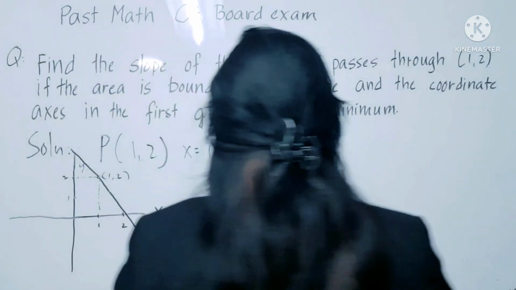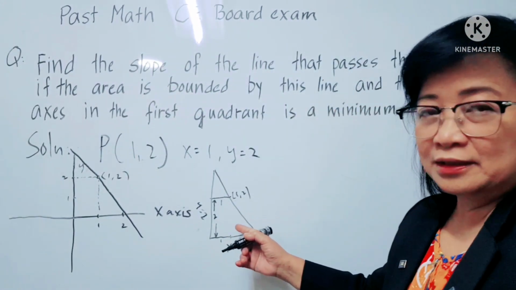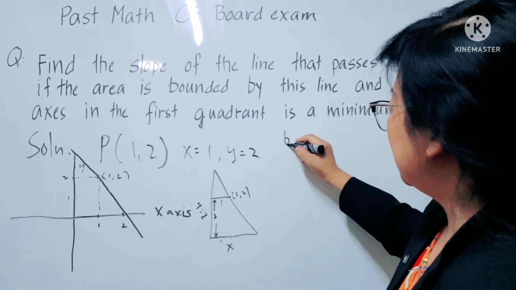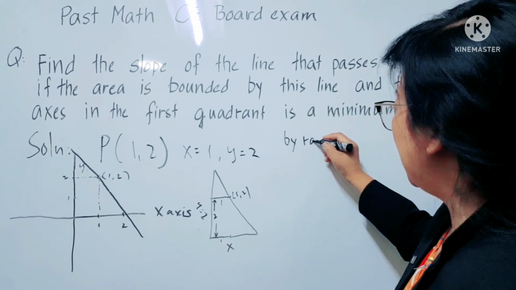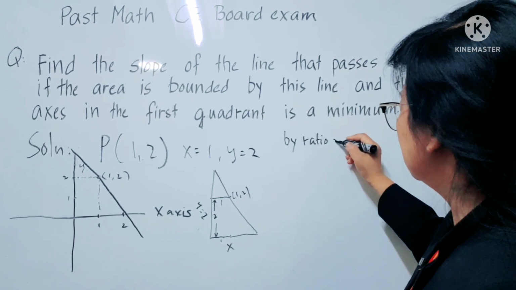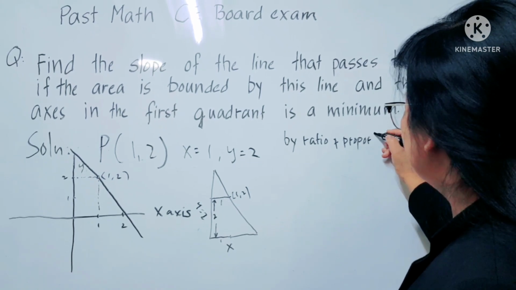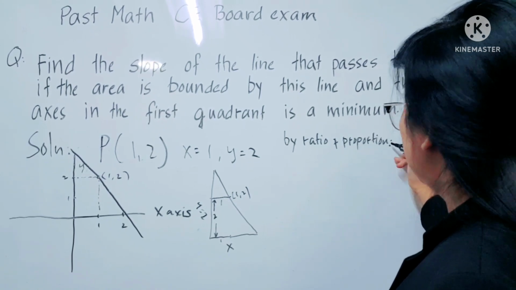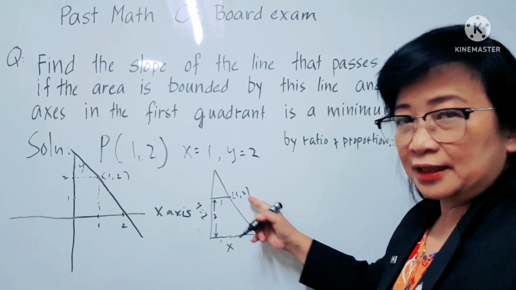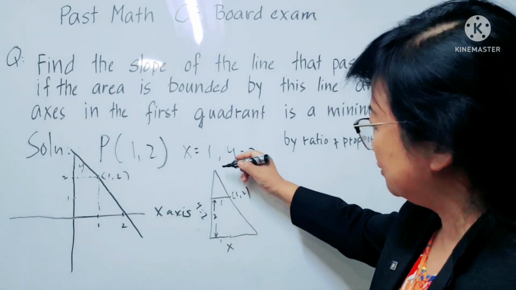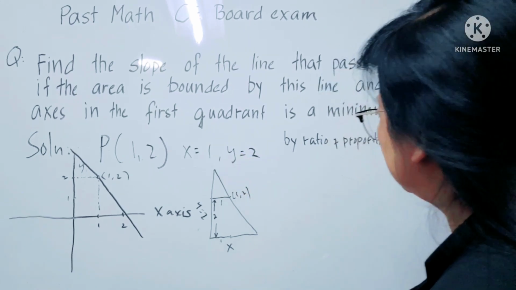Now, we can solve for x by using ratio and proportion. Why? Because we have a big triangle and this is also a small triangle with the same angle and same direction.